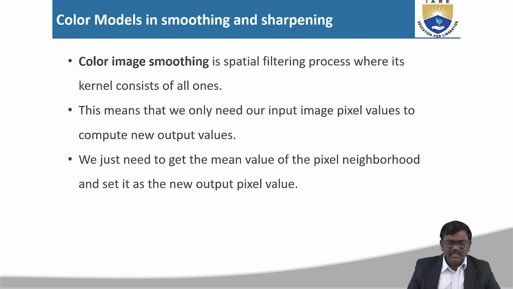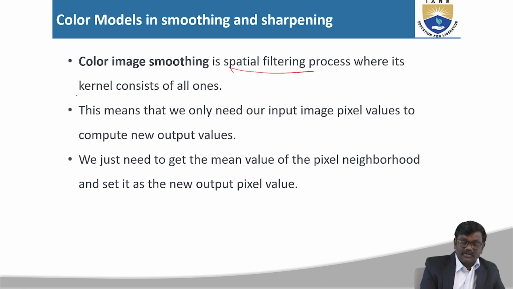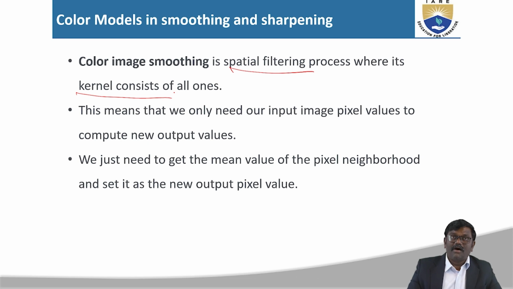In continuation of sharpening and smoothing in terms of color models, we are now applying this in the filtering process also. In the spatial filtering process, Cartesian coordinates help us. It depends upon the applied kernel function, based on graph theory, for the selected objective function, where the kernel consists of all ones.